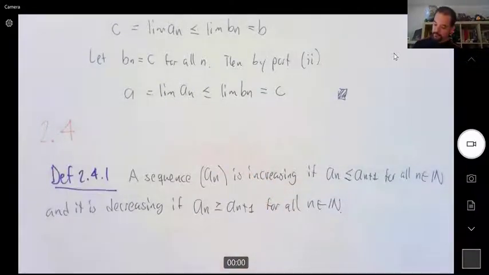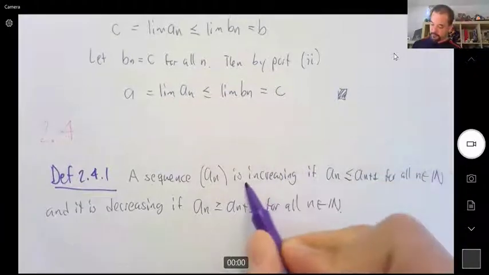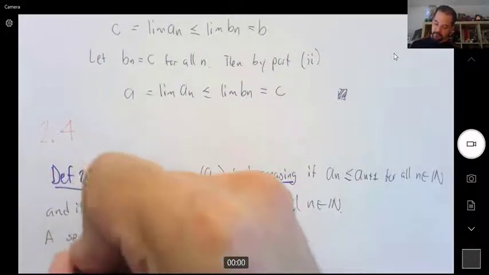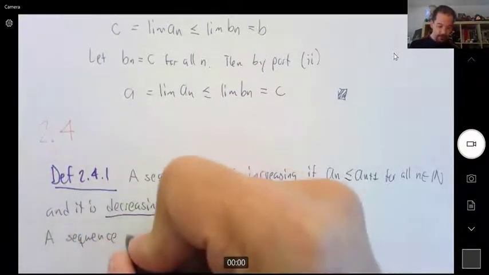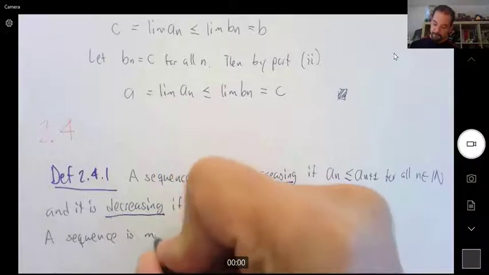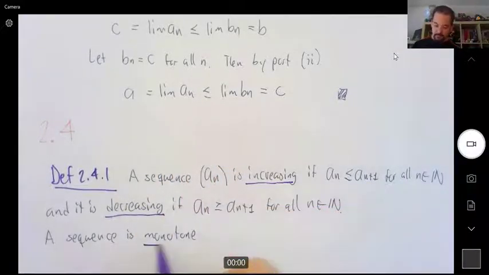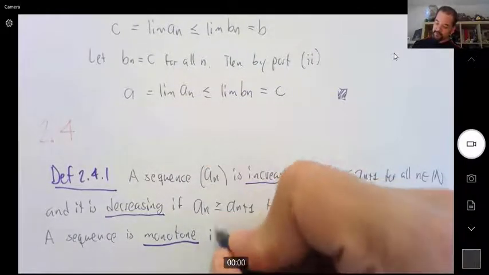So these are the new words we learned, increasing and decreasing, although, of course, you knew them already from before. And then this one, maybe you didn't, or you forgot. A sequence is monotone if it is either increasing or decreasing.